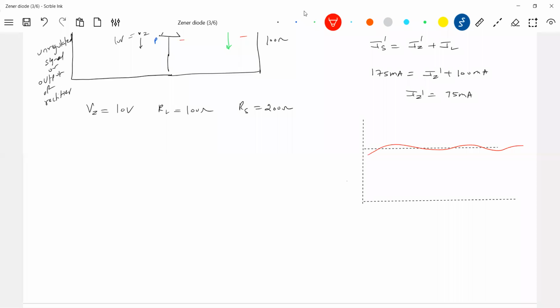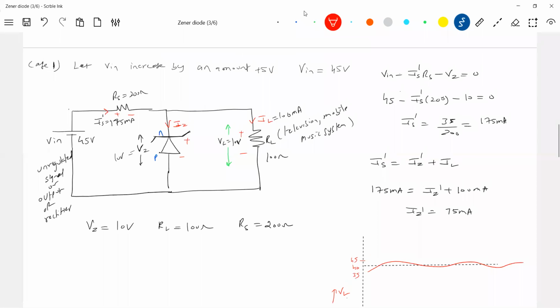How much will it fluctuate? Something like plus or minus 5 volt: 45, 40, 35. But what type of regulator do we need? We need one which maintains constant output, no? Yes. So look at this one. When I bring in the Zener diode, it will ensure the drop across the load and the current through the load remain constant.